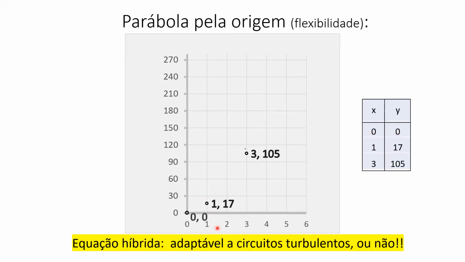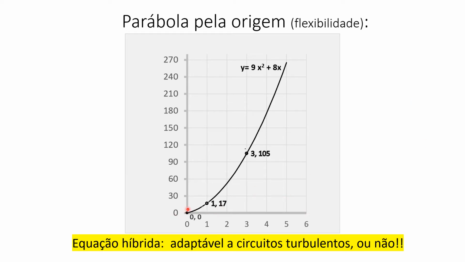The second point is x-axis is 1, and the y-axis is 17. And this point, the x-axis is 3, and the y-axis is 105. So as you resolve that, this is the solution for the parabolic equation that goes through 0, 0, 1, 17, 3, 105.